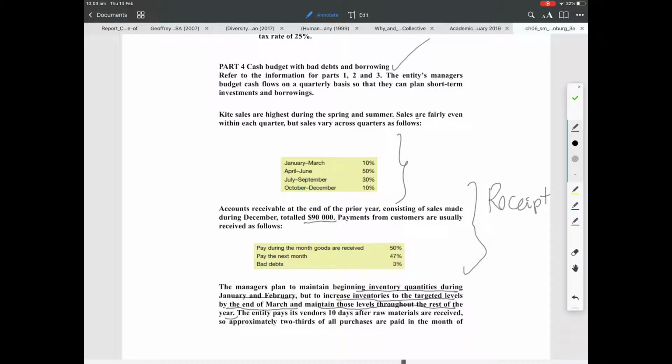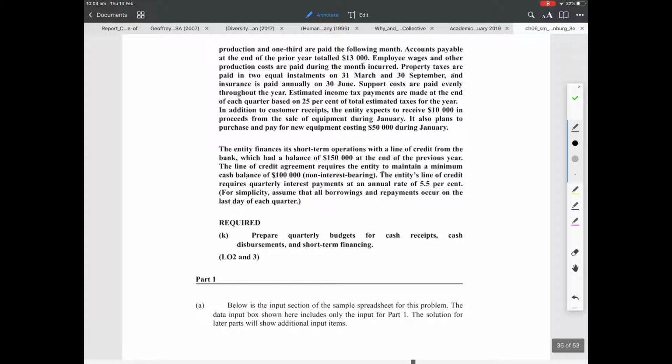From this information, later on we will calculate the purchase per month. From the purchase per month, we will know how much they have to spend, and then you have to see the pattern of payment for purchases. For the purchase of raw materials, they pay 2/3 in the month of production, and 1/3 is paid in the following month.